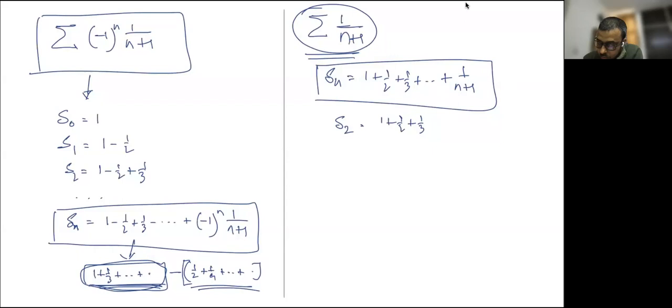What I'll do is S3. Let me look at S3. So S3 is definitely bigger than this. So I have reduced this a little bit. I've made it 1/4.